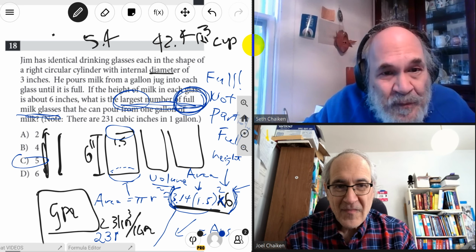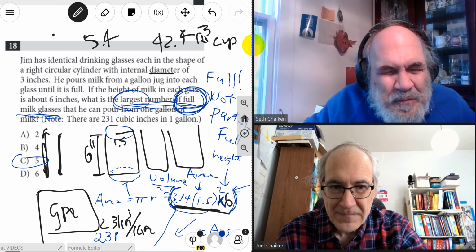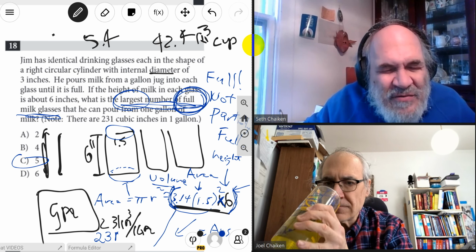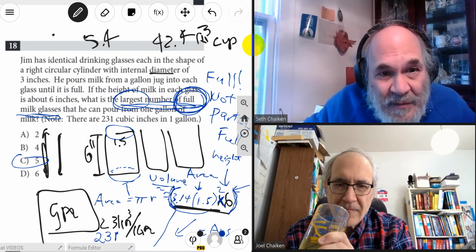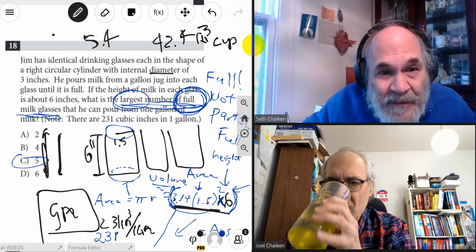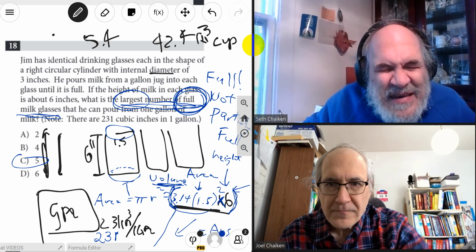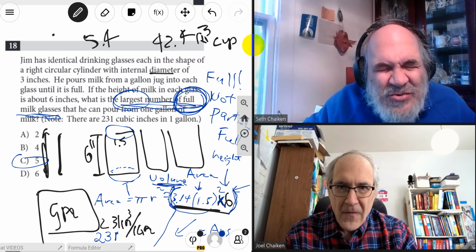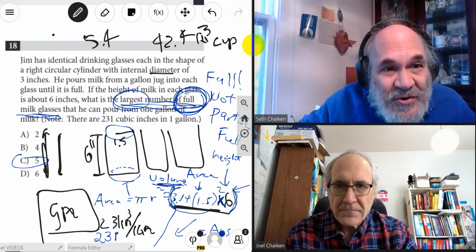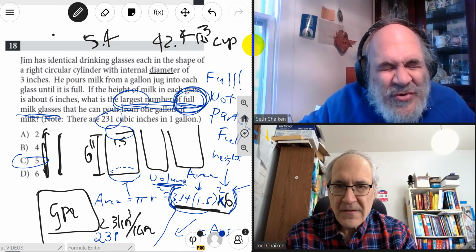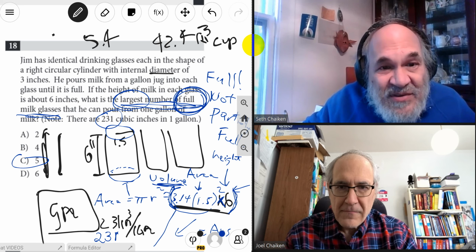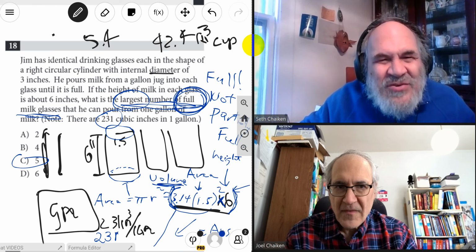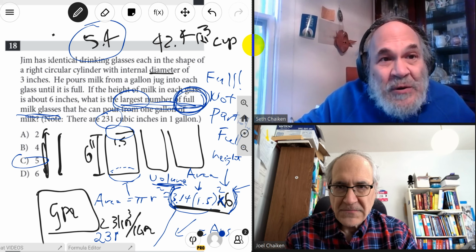You need to figure out the volume of 1 full glass, which is this, and then divide it into the volume of milk that you're distributing, which is given to you in units of cubic inches. You take this number, divide it into this number, and you get 5.4.